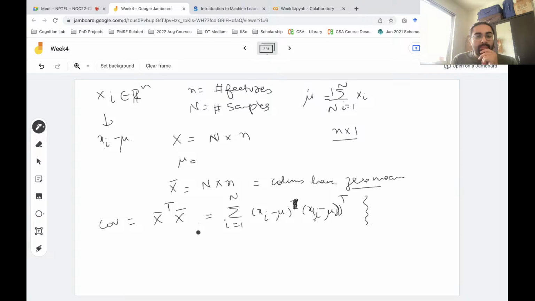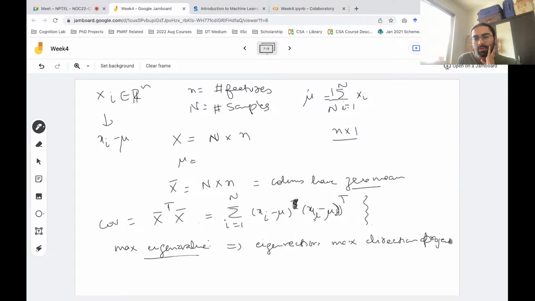Once you have the covariance matrix, you get your eigenvectors from it. The idea is that the maximum eigenvalue corresponds to the eigenvector which gives the direction of maximum projection.